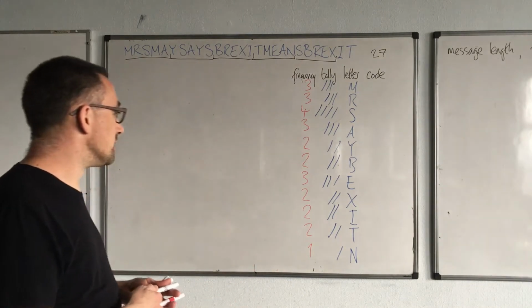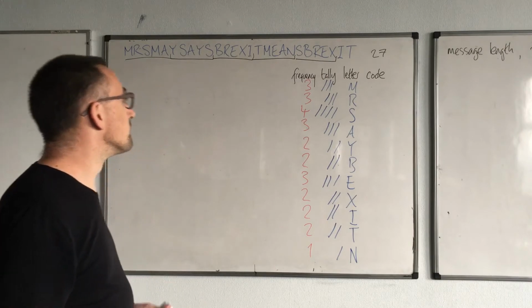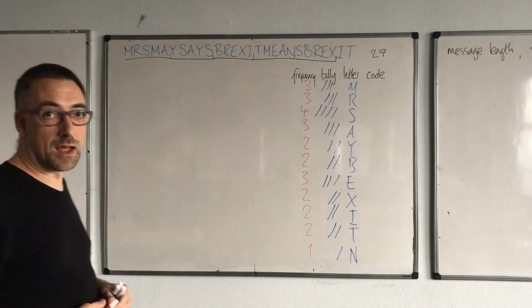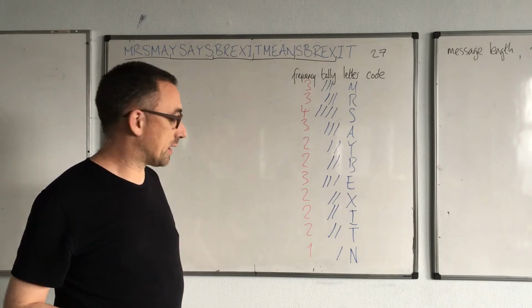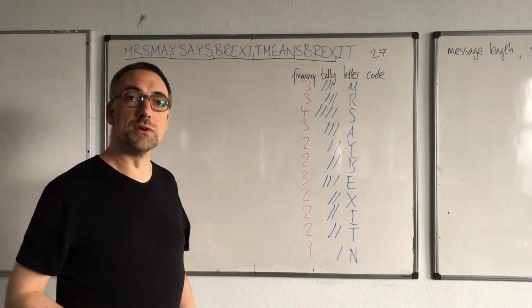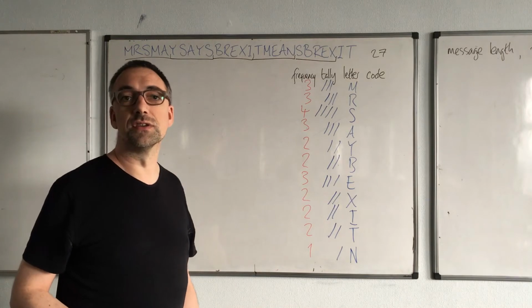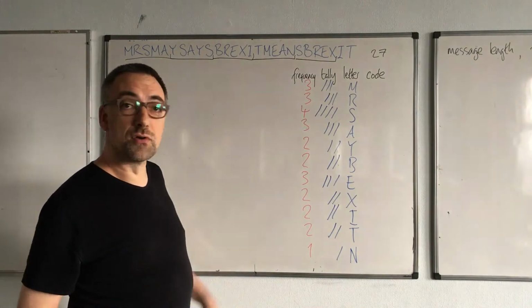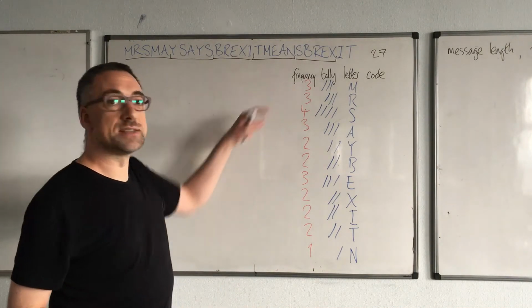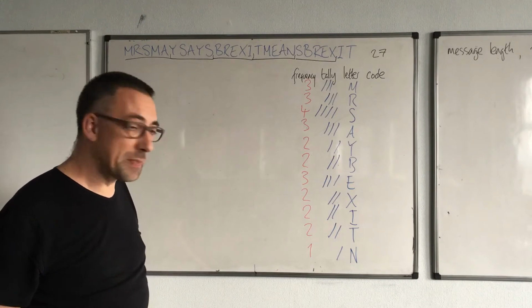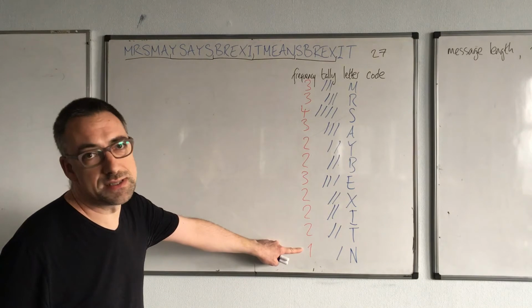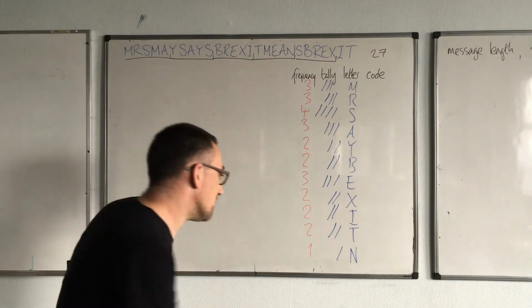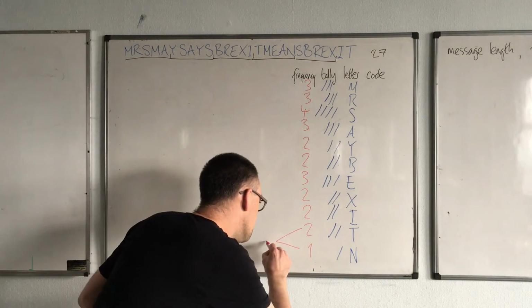The next thing we need to do is to build the coding tree. And remember, we do this by repeatedly grouping the 2 lowest frequency clusters that we have remaining. So we start with each letter being its own cluster, and here we've got a cluster of 1, and there isn't another 1, so we're going to have to group that with a 2 to make a 3.